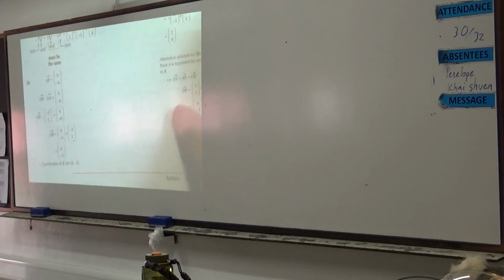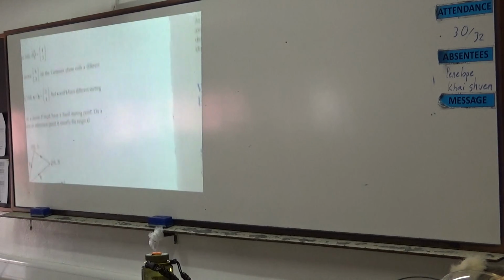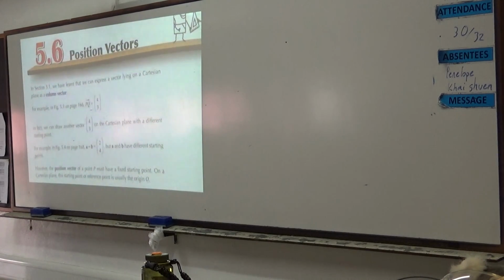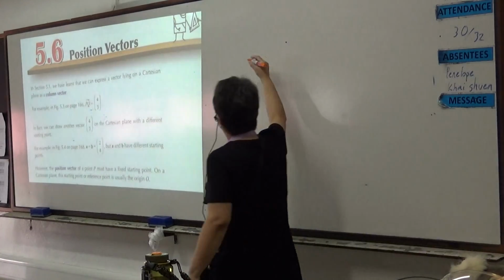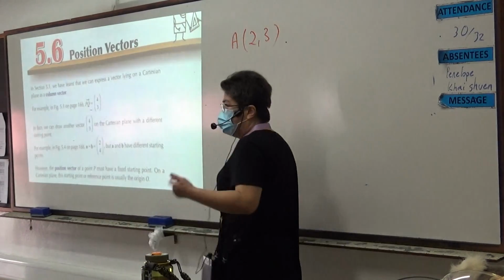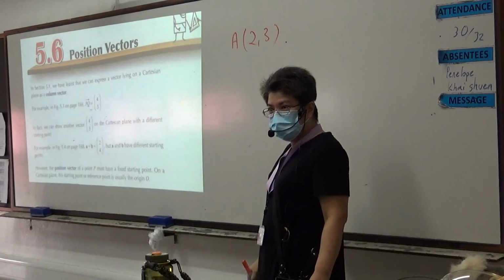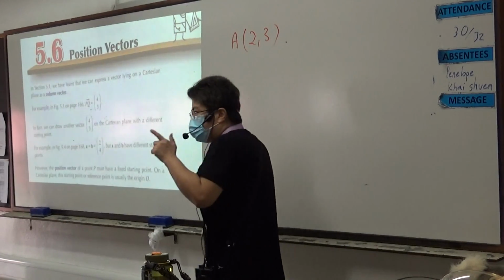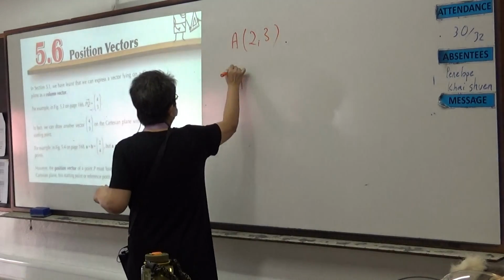Next one that I'm going to is called position vectors. This one is the one that is important. Now, if I have a point A that has coordinate 2, 3, the position vector is actually OA.